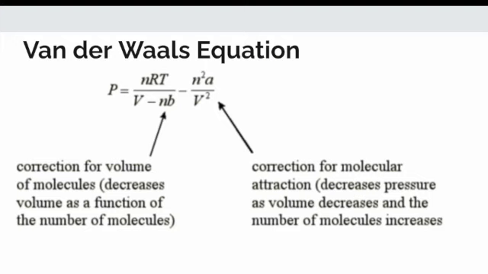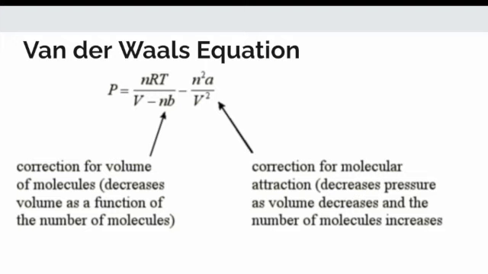And so as the volume of a certain gas decreases, the number of molecules will also be correlated to that. So the purpose of the b constant in this case is just to correct for this volume, because as we said before, ideal gases do not have a volume, but real gases actually do have a volume that is not negligible.